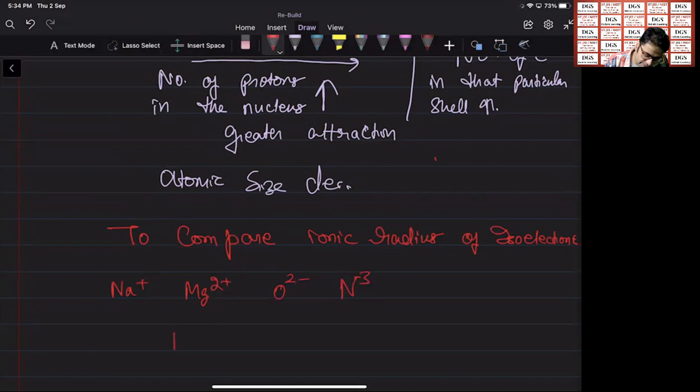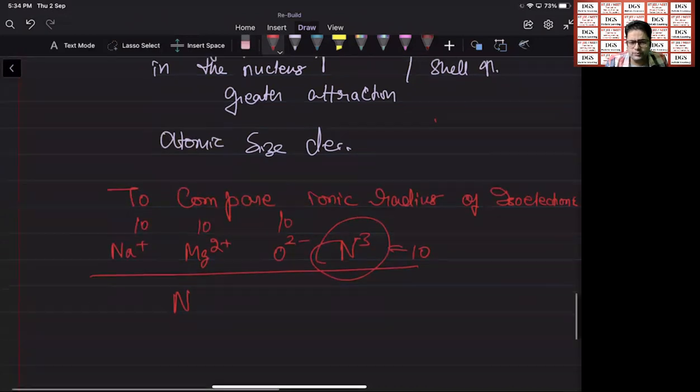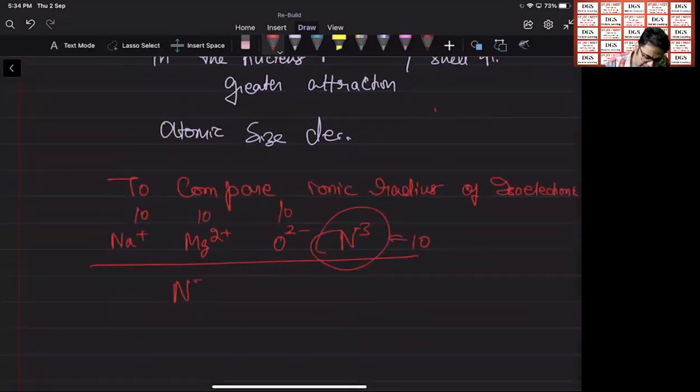So in this case, what we can say, N3 minus is 10, O2 minus is 10, Na plus 10, Mg2 plus 10. All will contain same number of electrons. These are isoelectronic species. So N3 minus, because it has the maximum negative charge, is the largest, then O2 minus, and then Na plus, and smallest will be Mg2 plus.